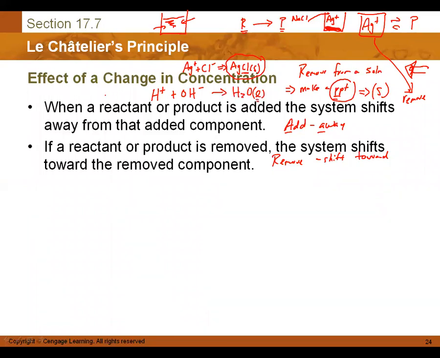So this oftentimes happens when you have an acid or a base involved. So usually if you had H+ in the equation and you added something with hydroxide, OH-, you're going to make water. And essentially what that would do is remove the H+ from the equilibrium. Or if you had a base, something with OH- in it, you may add an acid to it, which would then remove the OH-.